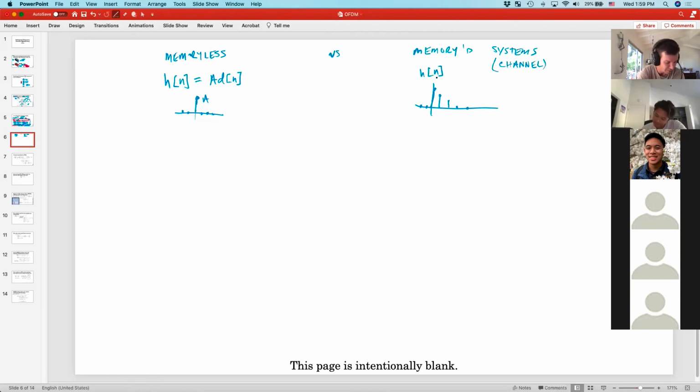So when you talk about a memoryless channel, that is one in which there's no intersymbol interference. There's no other word for it. But a memoried channel is one whose impulse response lasts for more than one symbol period. And these lollipops, let's say that they run from 0 to L. These are called channel taps.